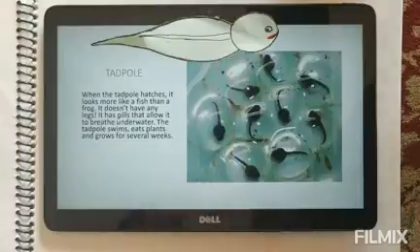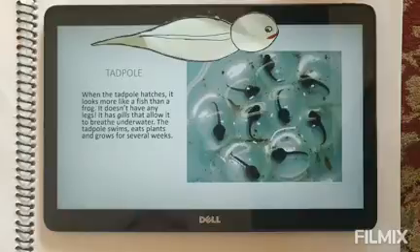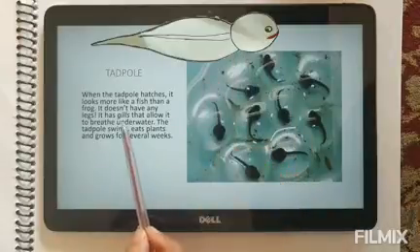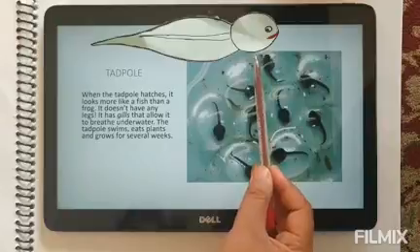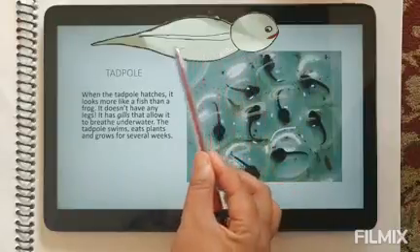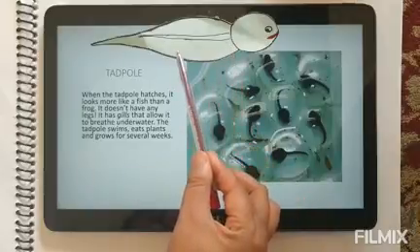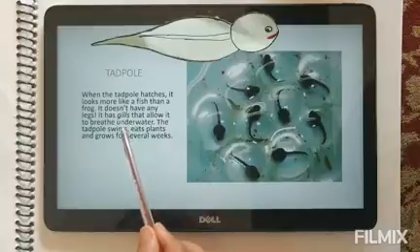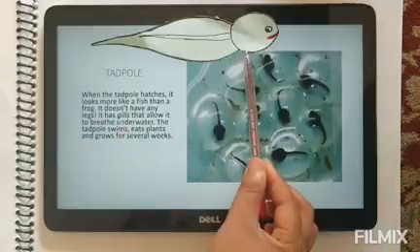Yes. And remember, what do fish have? They have gills. We have lungs. Fish have gills. So the tadpoles also have gills because this will help them to breathe, because they are like fish. They swim and they live in water. So they have gills.